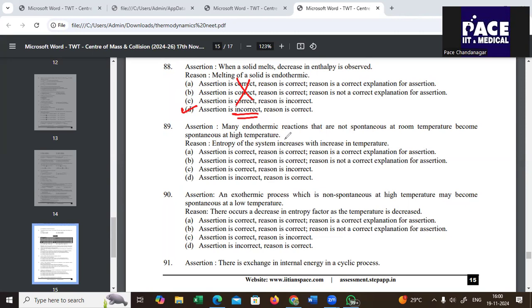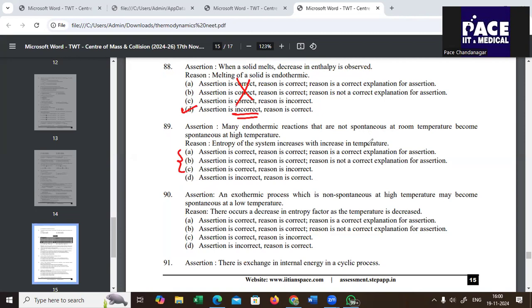Yes, because temperature will be the defining factor, which means the assertion is correct. Then, entropy of the system increases with increase in temperature. Yes, definitely. As you increase the temperature, randomness increases, which means entropy increases. As the entropy increases, endothermic reactions that are non-spontaneous at room temperature become spontaneous at high temperatures.